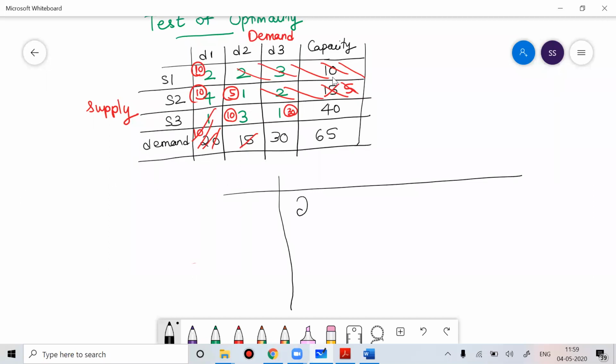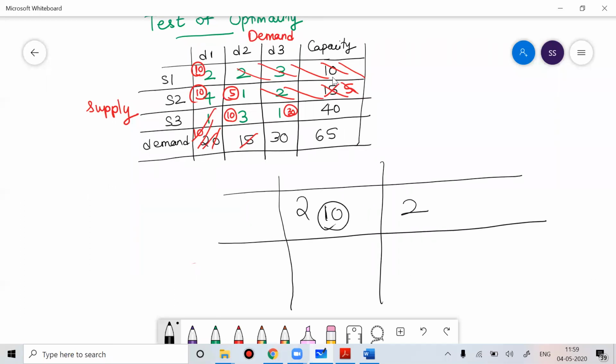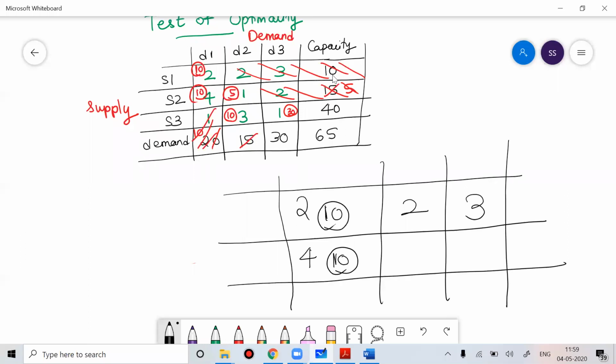This is 2. It has a value of 10. Then this is 2. Then this is 3. Then this is 4. It has a value of 10. Then 1. It has a value of 5. Then 2.